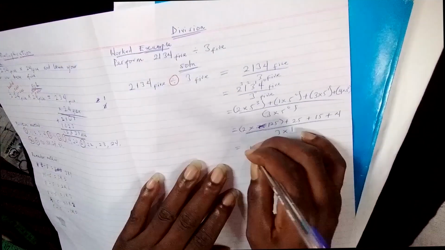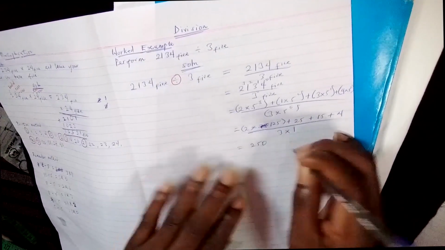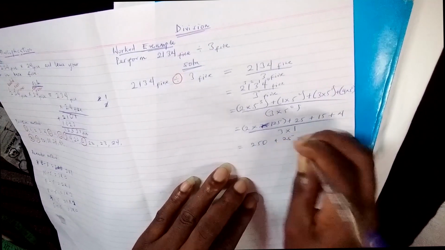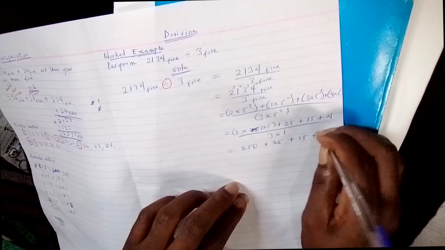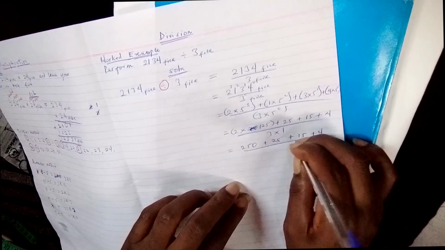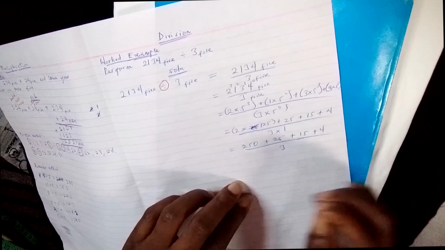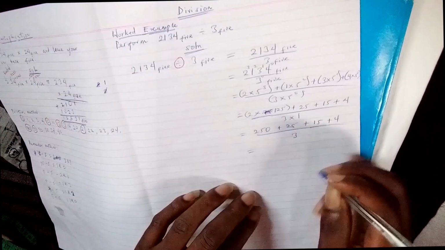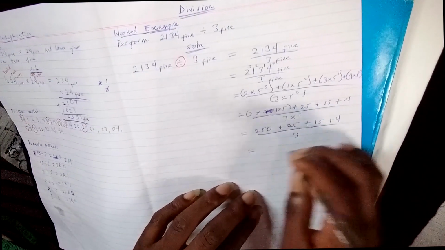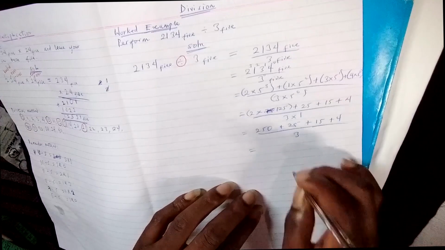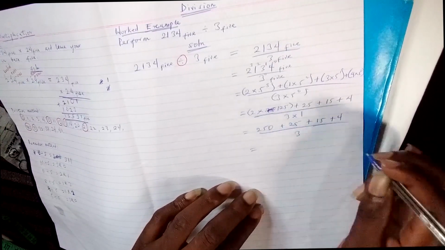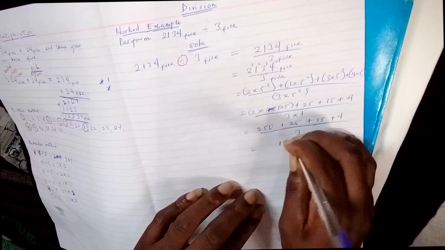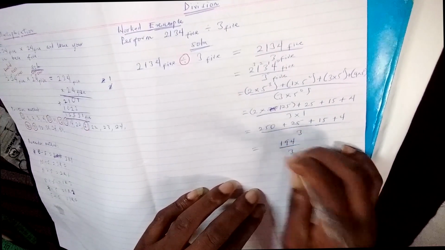The answer has to be 250 here plus 25 plus 15 plus 4, all over 3. And this will be 40 plus this will be 190. So 194 divided by 3.